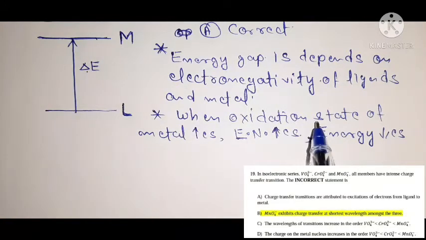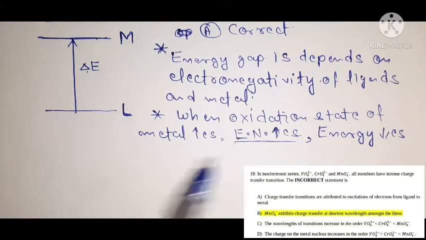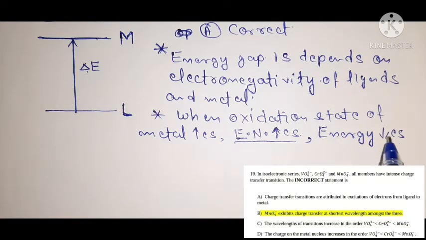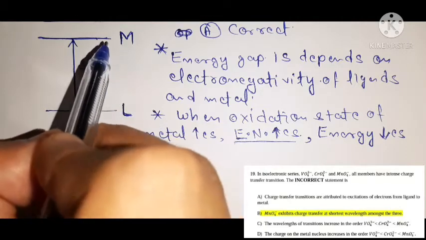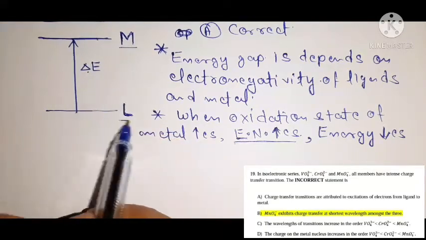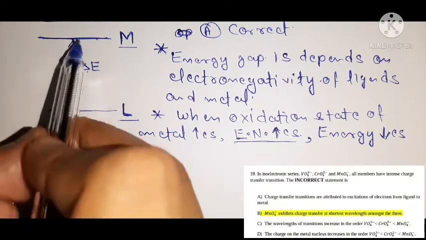When the oxidation state of the metal increases, its electronegativity increases, its energy decreases, and the gap between the orbital of this metal and this ligand will also decrease.